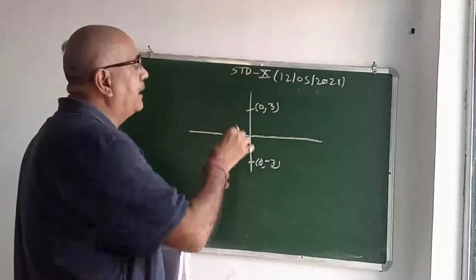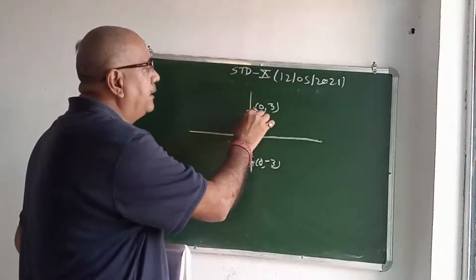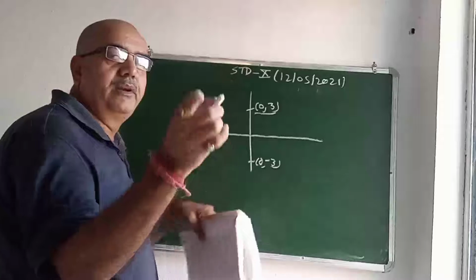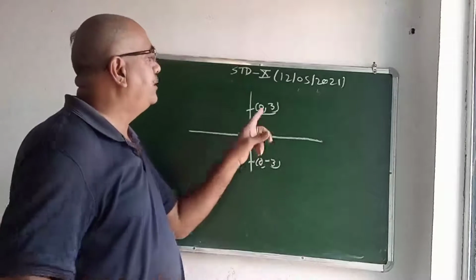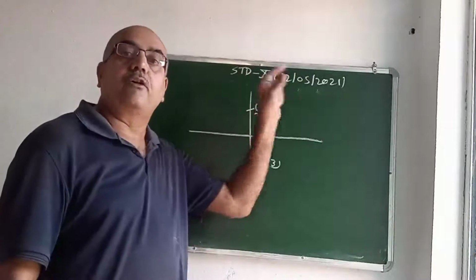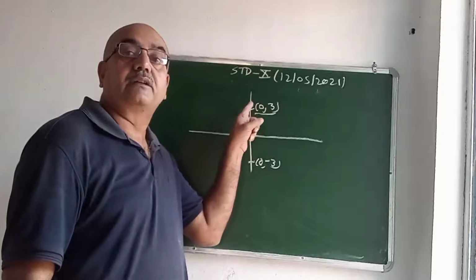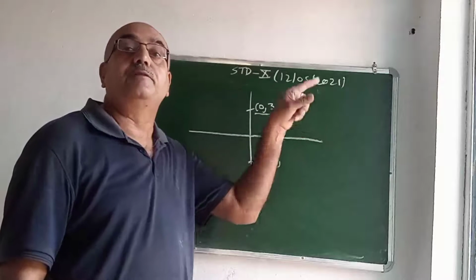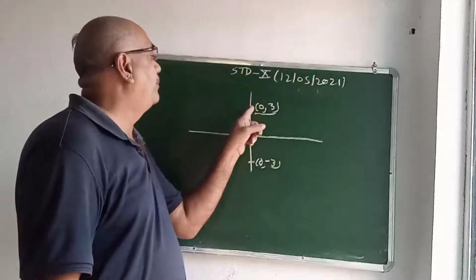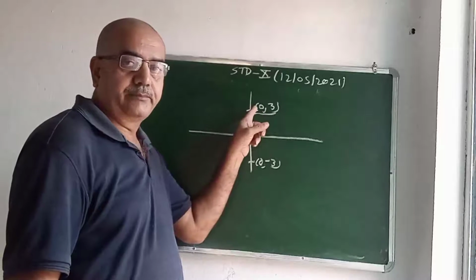But when it is reflected in the y-axis, the image and object will coincide. Means the image will be formed where the object is, at the same point.